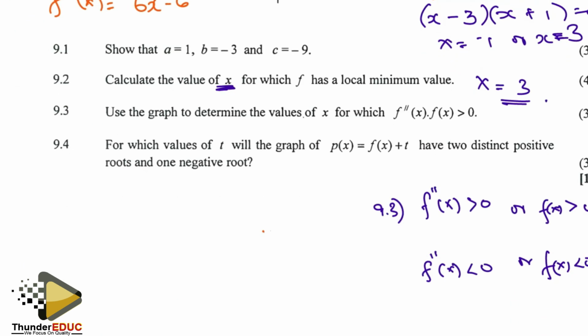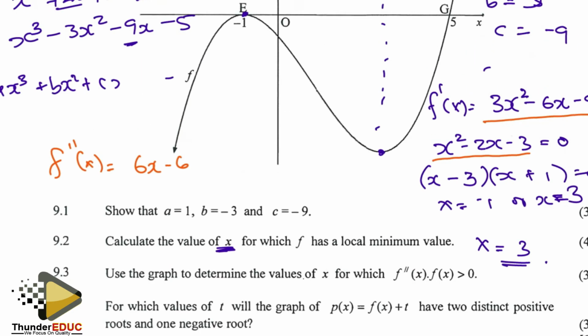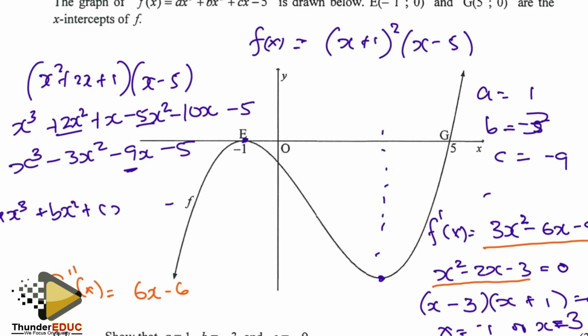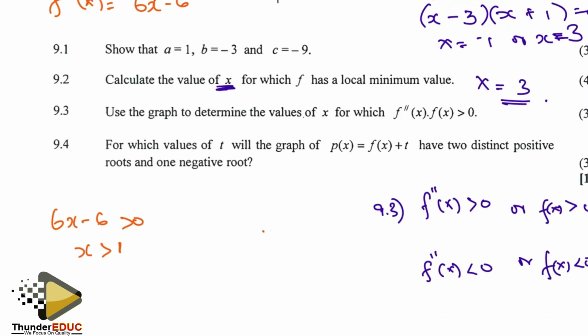Okay, so if I have my 6x minus 6 to be greater than 0, which means x has to be greater than 1. And then where do I find the graph of f to be above 0? It's at this point, where the graph is beyond 5, for x above 5. So x must be greater than 5.